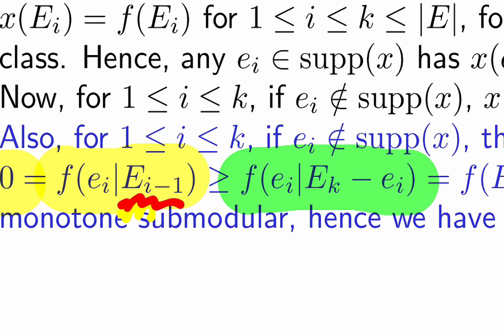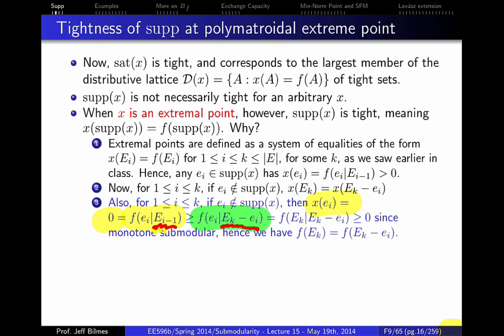It's just everything up to e_i. This one also doesn't contain e_i, but it's a bigger set because we're conditioning on e_k. So by submodularity, the left is greater than or equal to the right, which then by definition gives us the red. I don't know if you like these color schemes, but there's the red bit over there, which, since we're assuming everything is a polymatroid function, is going to be greater than or equal to 0.